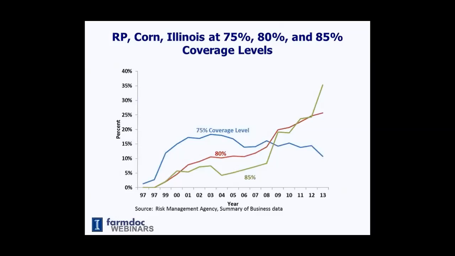Over time, the major trend in both corn and soybeans and crop insurance coverage using these multi-peril products is movement to a revenue product and increasing those coverage levels. This shows coverage level use or percent of acres insured by the 75, 80, and 85% for RP.